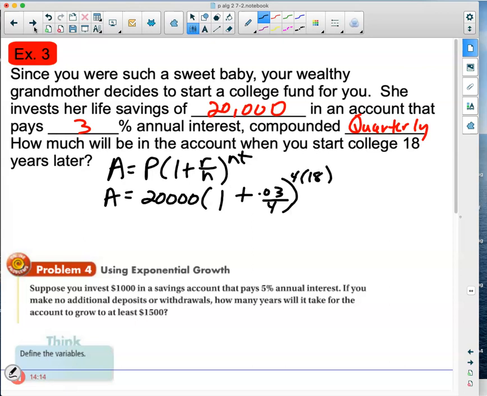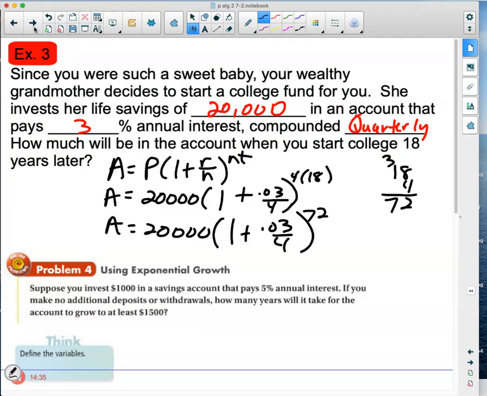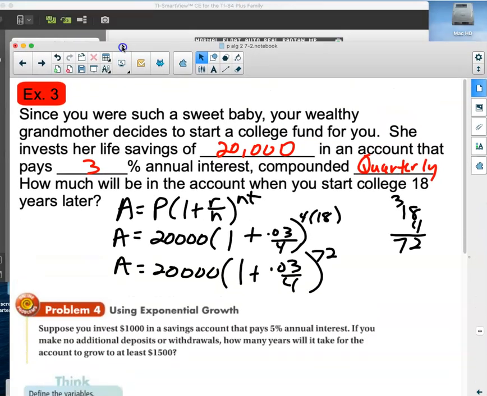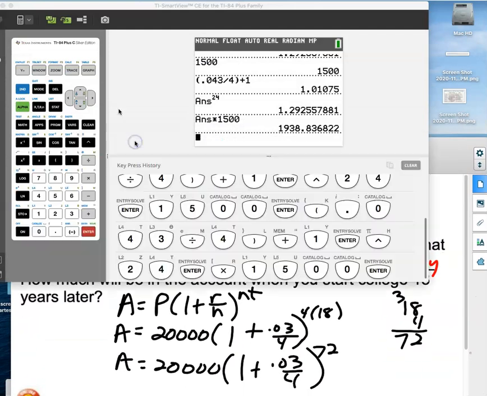So again, I'd probably do the 18 times 4 in my noggin beforehand. You wouldn't have to. You could punch it in and then say raise to the 4 times 18 power if you want to. And then we'd be very careful about punching this in.